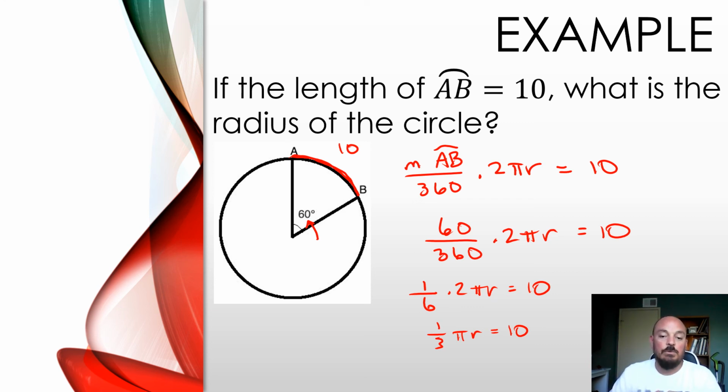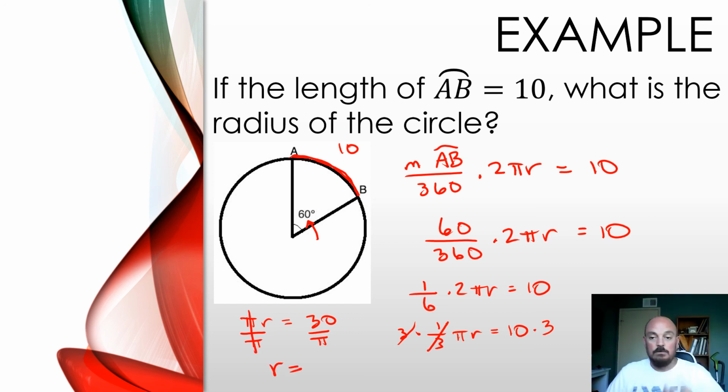Now I want to solve for r. The first thing I'm going to do is cancel out the 1/3, so I'll multiply both sides by 3, because 3 times 1/3 reciprocals cancel. And what I get is pi r equals 30. 10 times 3 is 30. Then to finish solving for r, I'm going to divide both sides by pi.